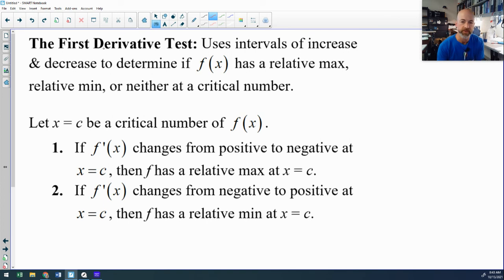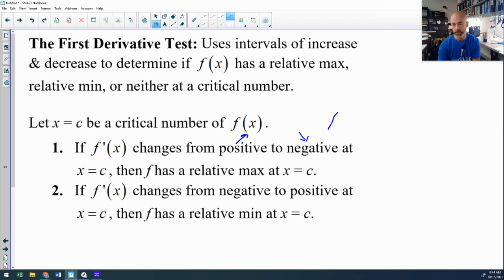And the way the first derivative test works is, once you find a critical number and you do the whole sign analysis with the first derivative to see where the function increases and decreases, if the derivative changes from positive to negative at your critical number, then that critical number is a relative maximum. And that makes sense because if the derivative changes from positive to negative, that means your function changes from increasing to decreasing at a critical number.